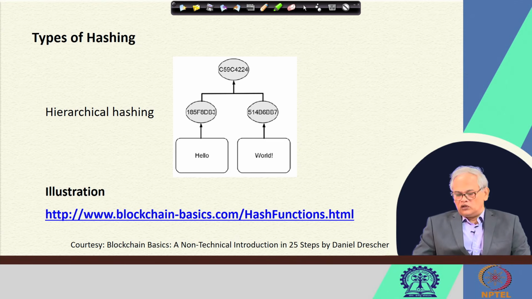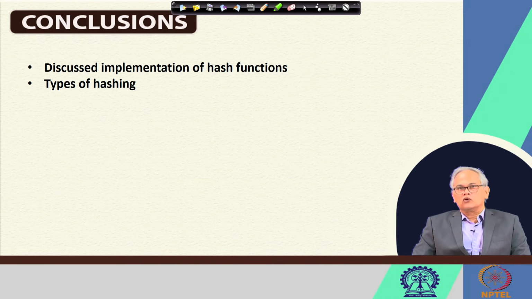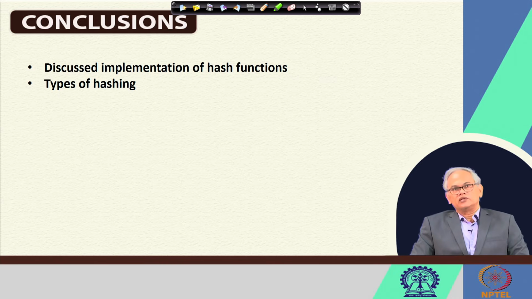So, overall, if we conclude this lecture, in summary we can say that we have discussed how hash functions are implemented. Specifically, we have talked about SHA-256 implementation, and we also talked about different types of hashing. Indeed, we went to this same web application where we took certain examples, and we saw that we can combine the hashes and the original message in different forms.